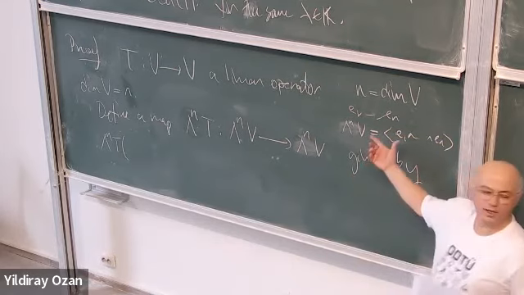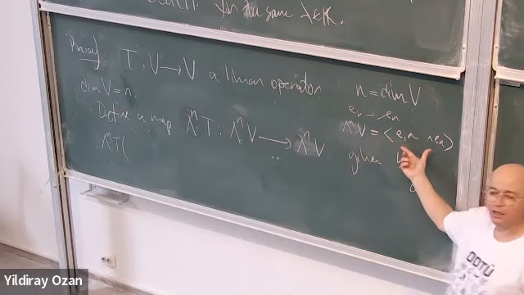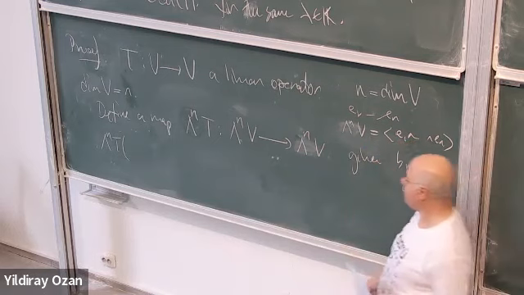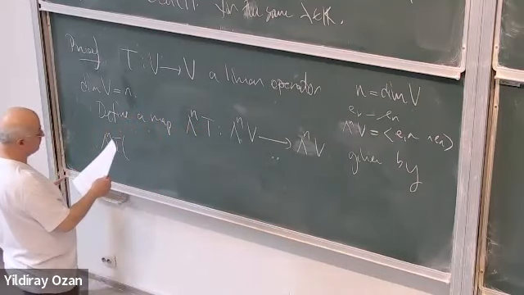This is the only vector actually in this vector space. You just take multiples of this one. So we define it this way.